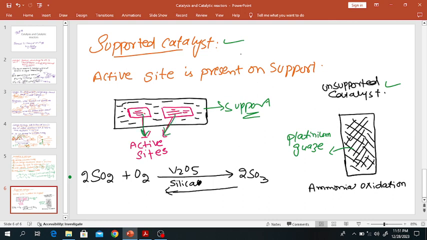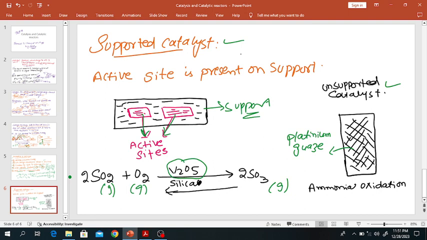For example, for the reaction in the sulfuric acid preparation process, we combine sulfur dioxide with oxygen gas to produce sulfur trioxide gas. This reaction takes place with the help of a catalyst, which is vanadium pentoxide.